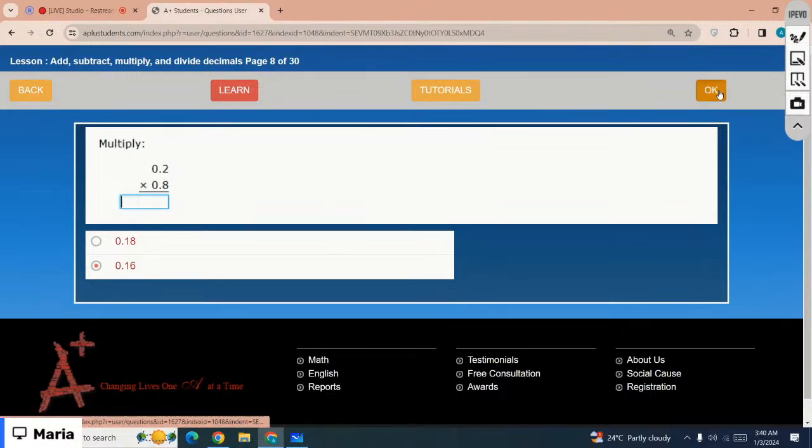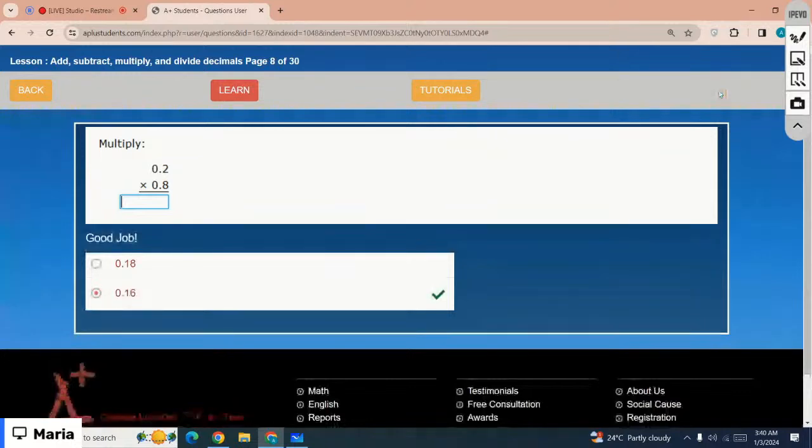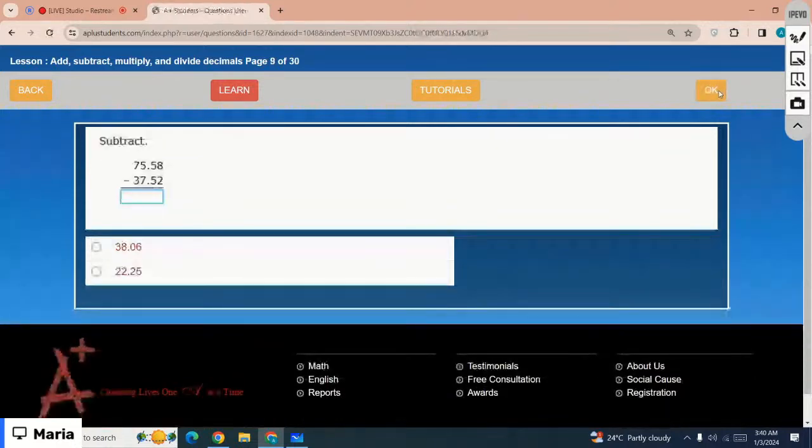Option 2 is the correct option. 75.58 subtract 37.52.